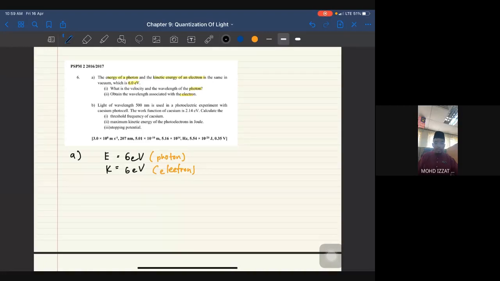So how do you want to find the wavelength of a photon if you have the energy? E is equals to... anyone? Halil, Naim, Pul, Masya dah senyap lah.